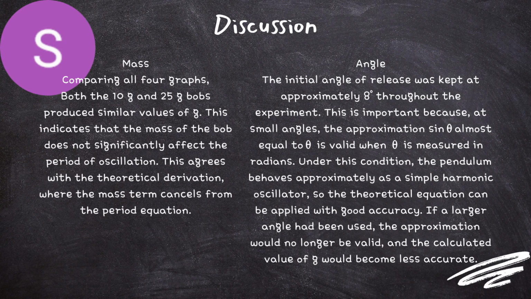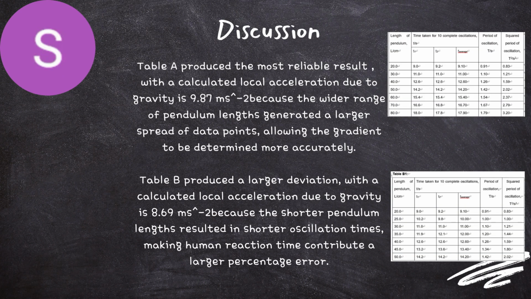So the theoretical equation can be applied with good accuracy. If a larger angle had been used, the approximation would no longer be valid, and the calculated value of g would become less accurate.